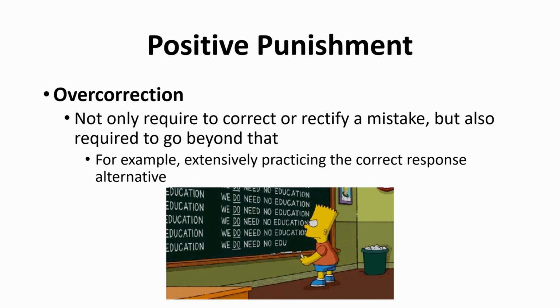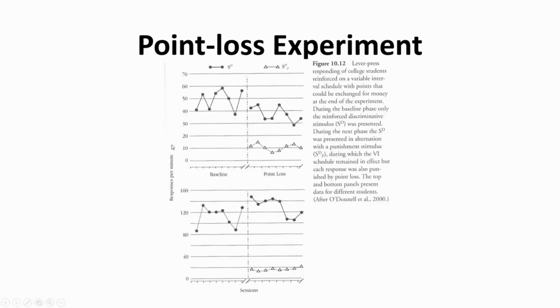But this is positive punishment because you're being forced to do something that is effortful because of the bad behavior that you did. So there is an introduction of an aversive stimulus, something that requires effort because of the behavior that was exhibited, and the hope is that it's punishing, so it should result in a reduction in the behavior that led to that effortful behavior being given to you.